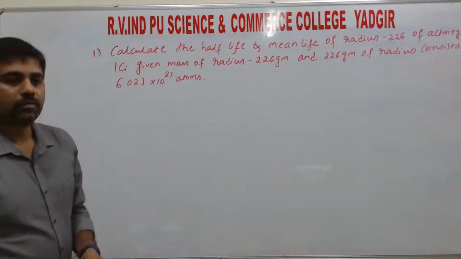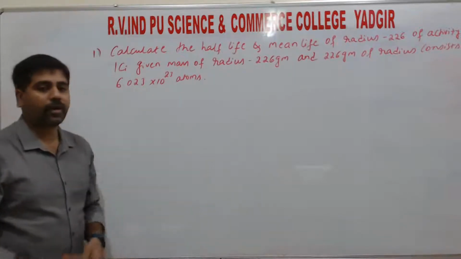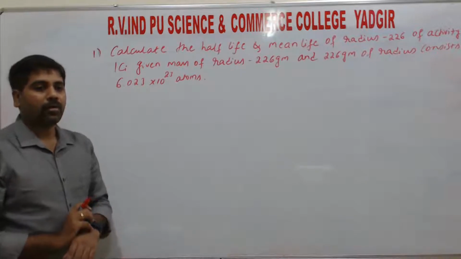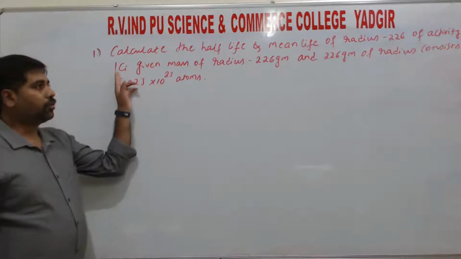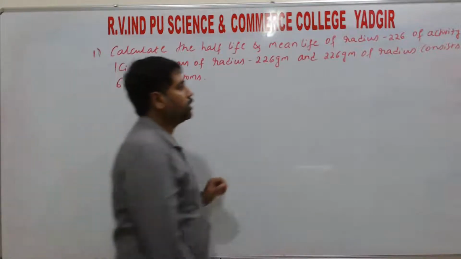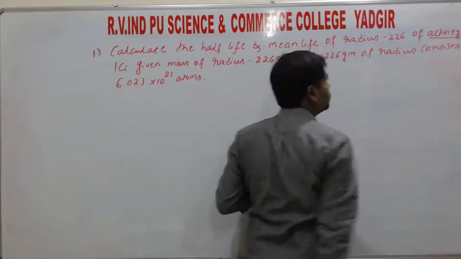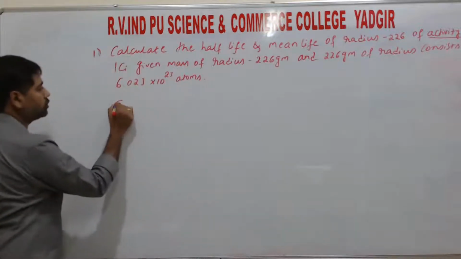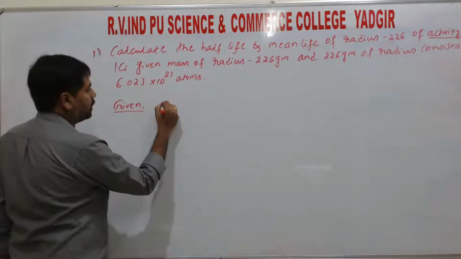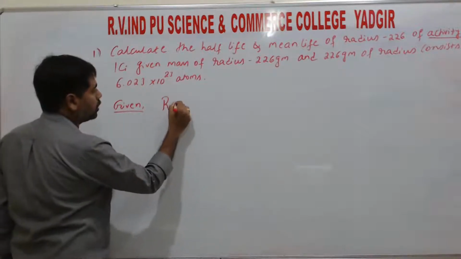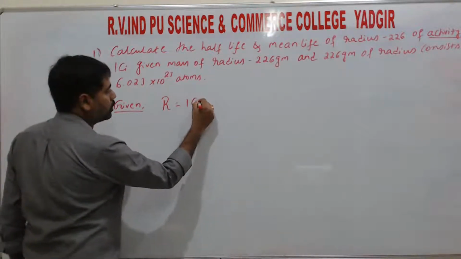So this is the question. Calculate the half-life and mean life of radium 226 of activity. They given the activity is 1 Curie, right? So the first given is activity. Written here as given, activity denoted by R is equal to 1 Curie.